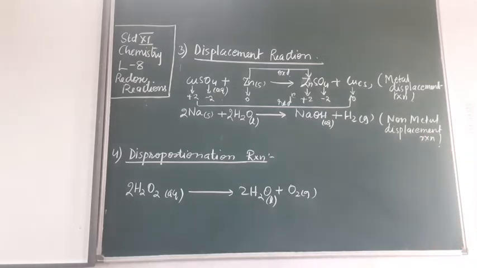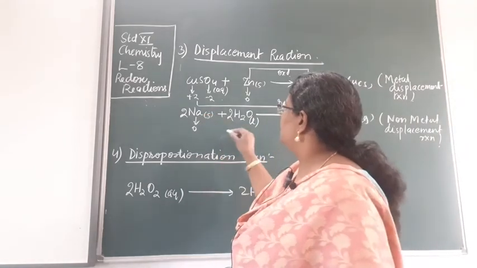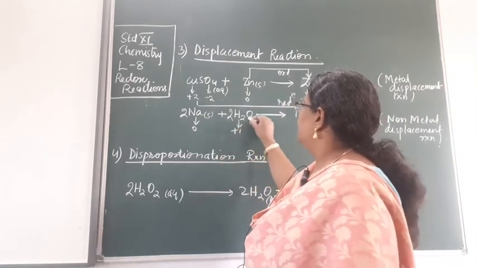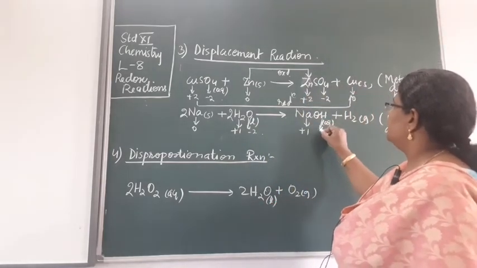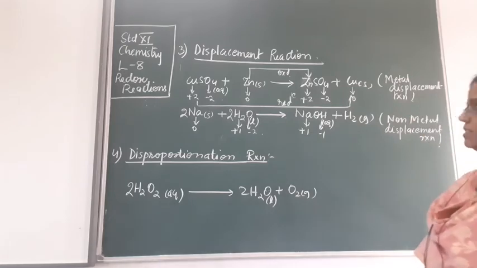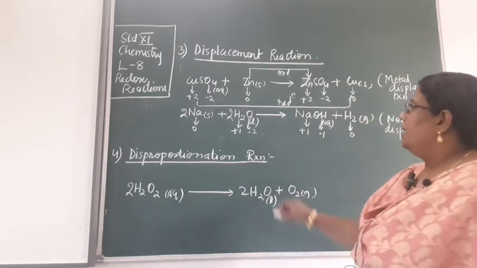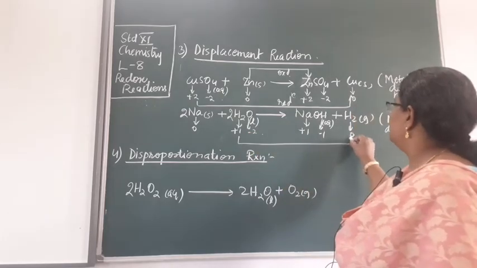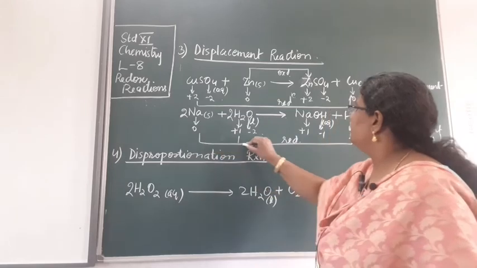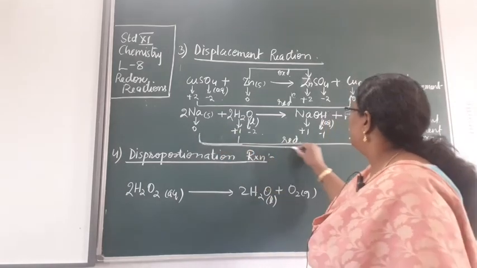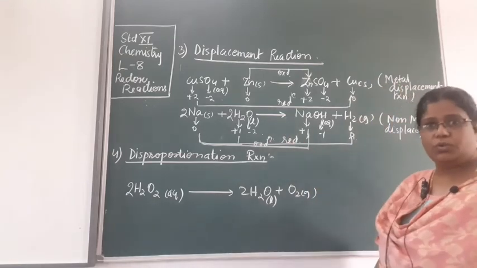Have you understood? So this is, again you can observe, this is having zero oxidation state. Here +1 है, यहाँ -2 है, यहाँ Na के पास +1 ऑक्सीडेशन स्टेट है, OH माइनस का -1 ऑक्सीडेशन स्टेट है और H2 का 0 होगा. So H is going from +1 to 0, that means ये रिडक्शन है. And Na is moving from 0 to +1, मतलब ये तुम्हारा ऑक्सीडेशन रिएक्शन हो गया.